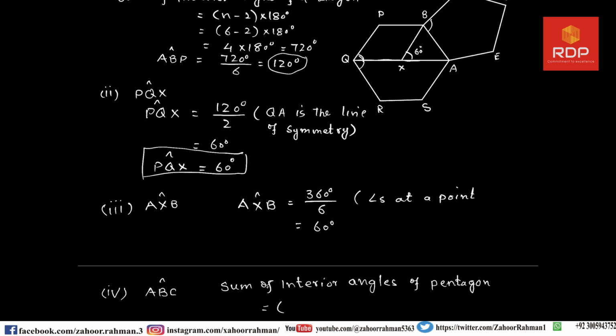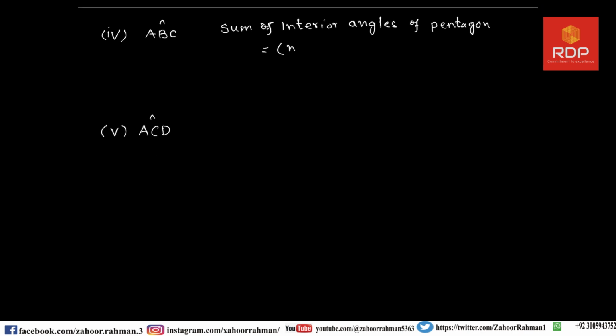is equal to n minus 2 multiplied by 180 degrees. In this case n is 5, so I will insert 5 instead of n, and that will be equal to 3 into 180 degrees.